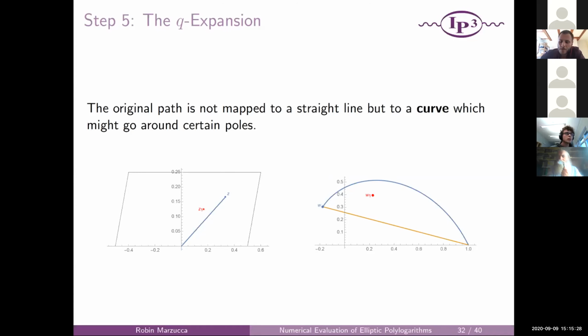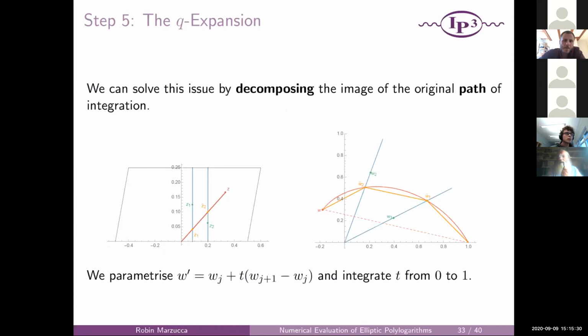Now we can solve this problem by doing the following. If we take these poles Z1 and Z2 and draw these blue lines, which are just parallel to the imaginary axis, and then we compute these intersection points Z tilde of the original integration path with the blue lines, then all of this is mapped in W space to this curve.